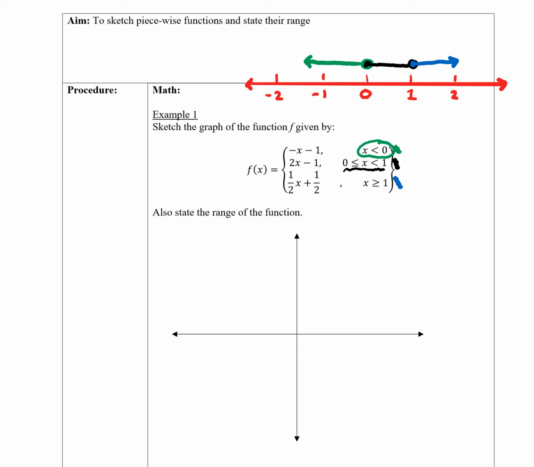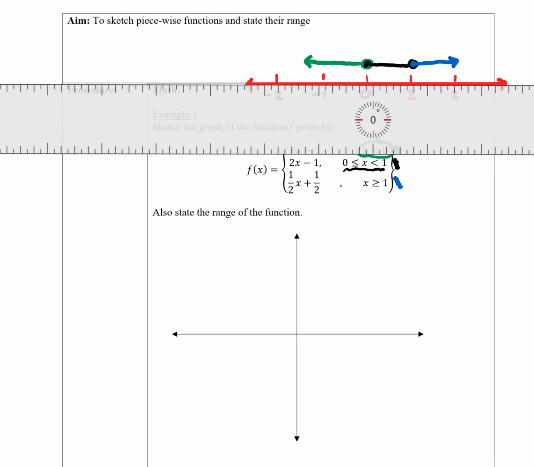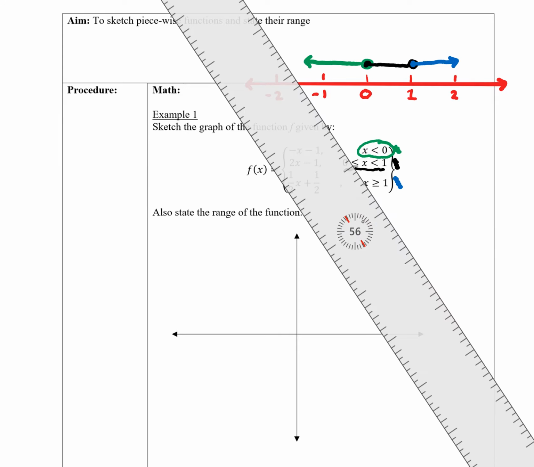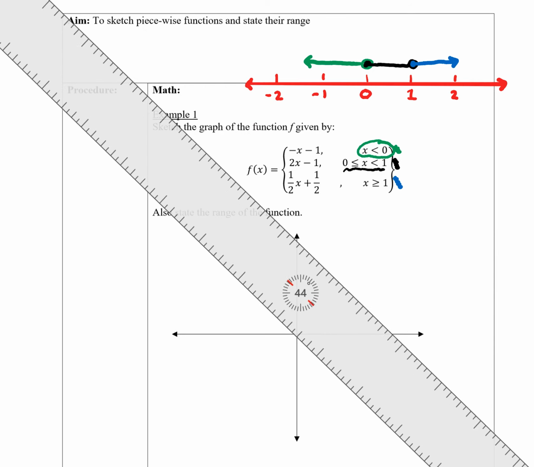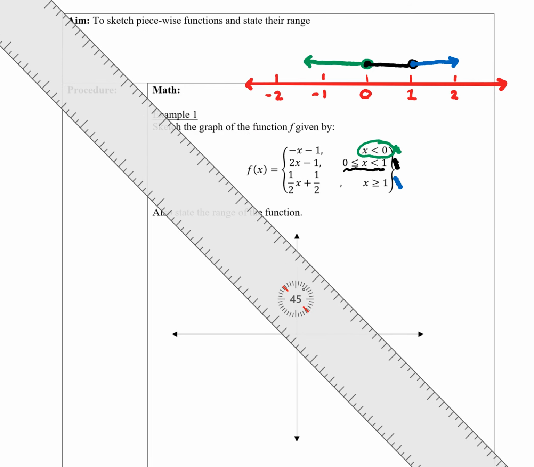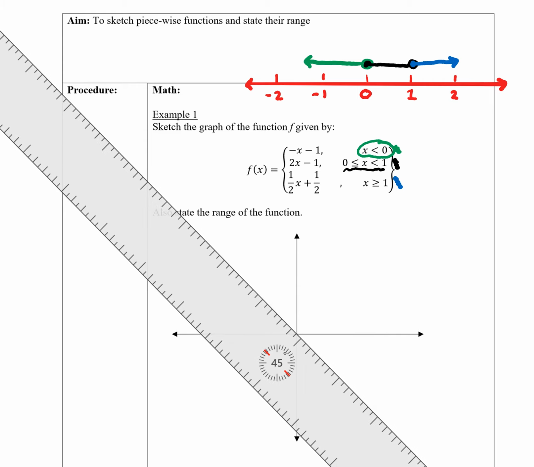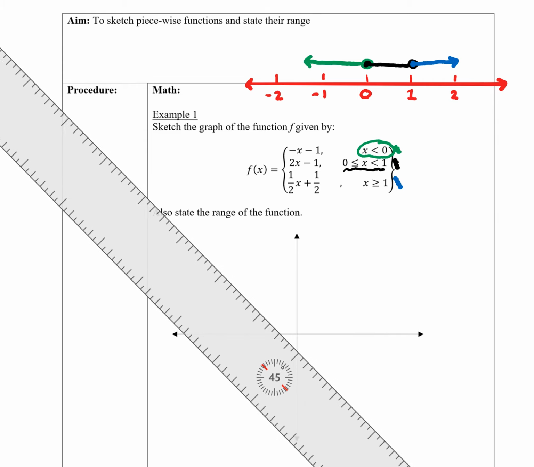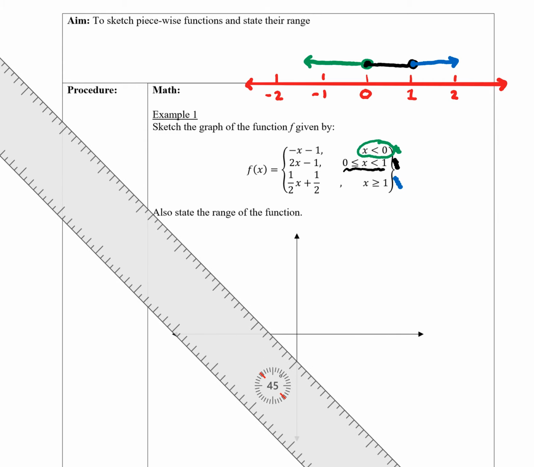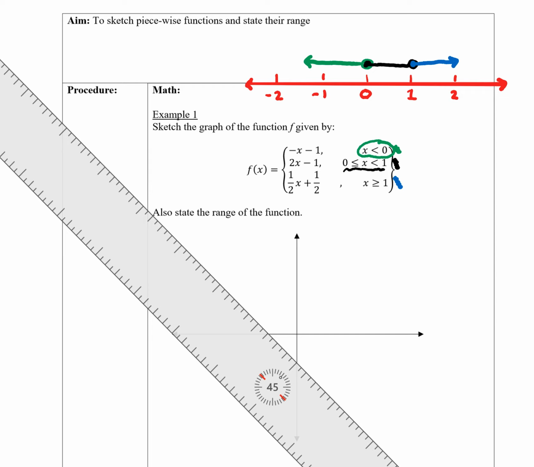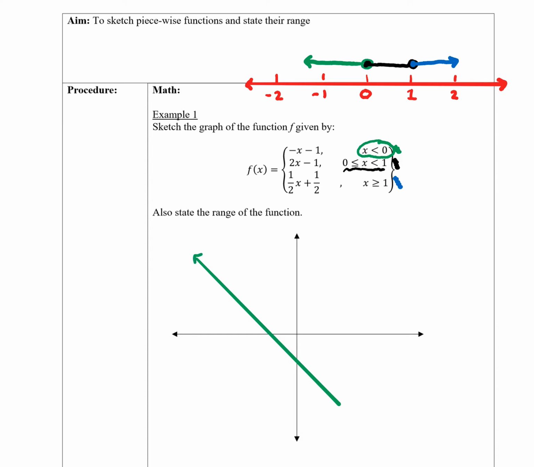Our first graph is negative x minus 1. That's a gradient of negative 1, so that'll look something like this. And instead of being at the origin, it's being translated down 1. So negative x minus 1 would normally look like that. We can see that it's got an x-intercept, if we let y equal 0, of minus 1.